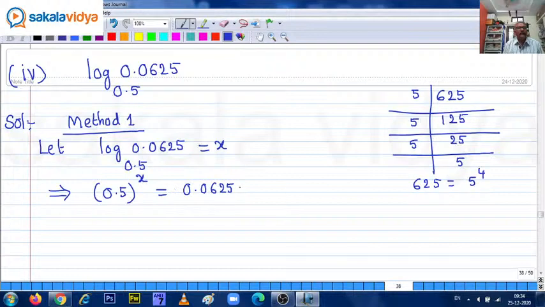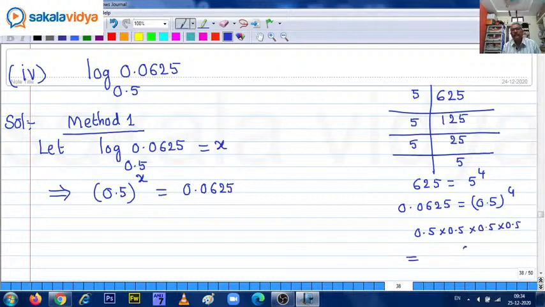But here there are 4 decimal places, so 0.0625 is nothing but 0.5 all to the power of 4. Even if you multiply 0.5 into 0.5 into 0.5 into 0.5, 5 to the power of 4 is 625, and with 4 decimal places you get the same thing.